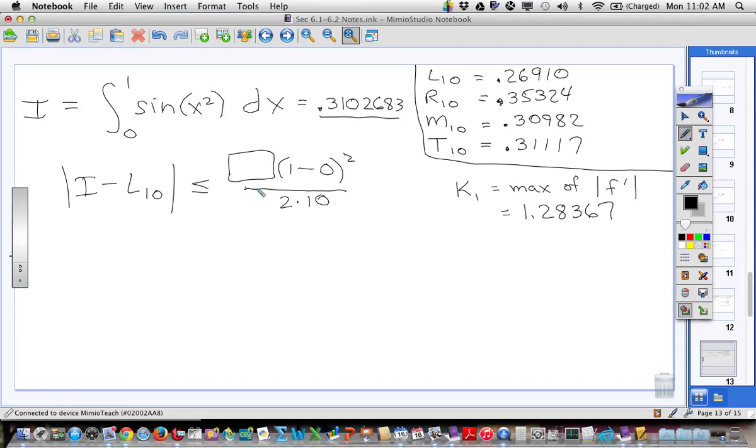So let's go 1.284, just for our example today. Let's go 1.284 as the number we're going to use for K1. If on the quiz you did 1.283, I would dock you points because you did not catch this concept that this number we're finding here is a number that the slope will never go above.